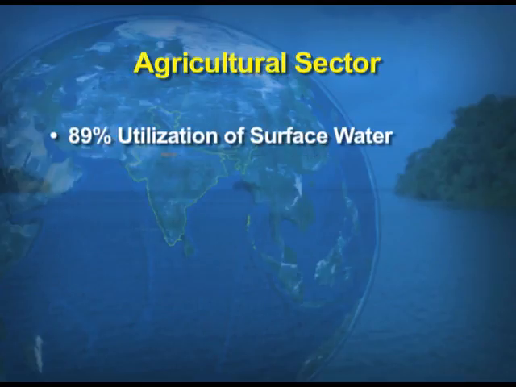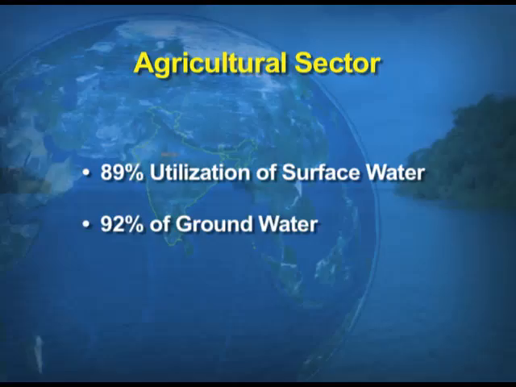You can see that the agricultural sector uses 89% of the surface water, and that is the first largest sector which uses that much high amount of water. As far as the groundwater is concerned, the agricultural sector uses 92% of the groundwater as well.